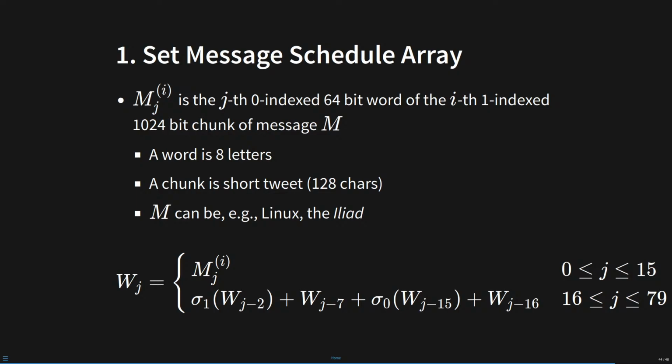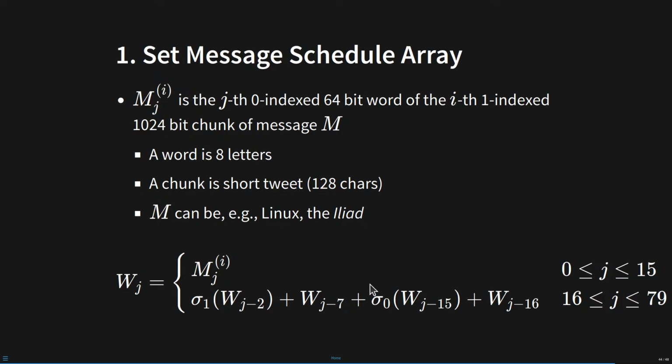The first 16 64-bit words come from the 1024-bit message chunk. 8 times 64 is 1024. The next 16 through 80 64-bit words are populated by applying little sigma to the 2 prior words, taking the 7th prior word, applying another little sigma to the 15th prior word, and adding the 16th prior word.